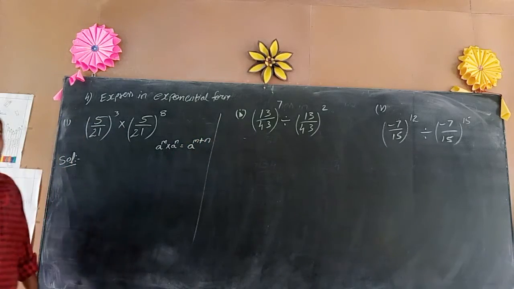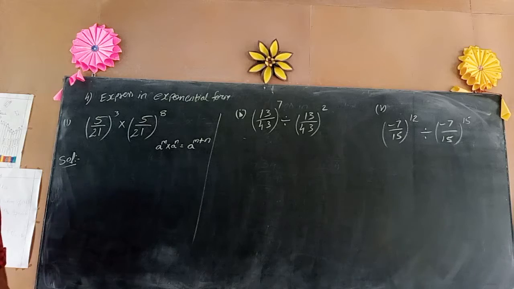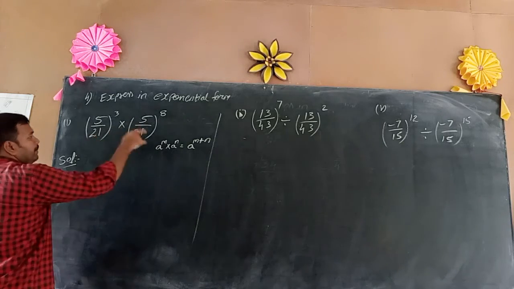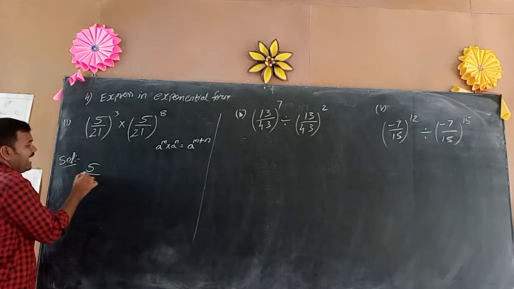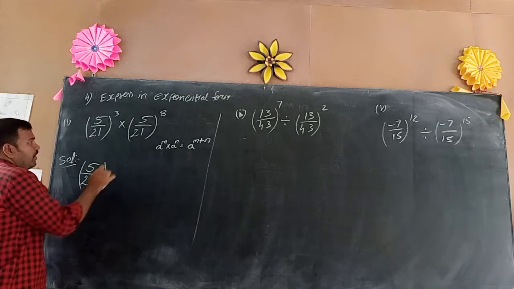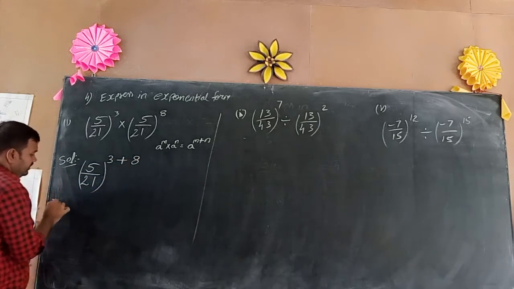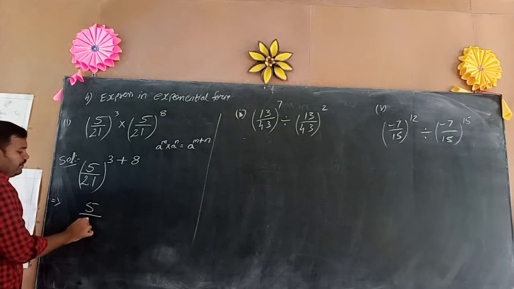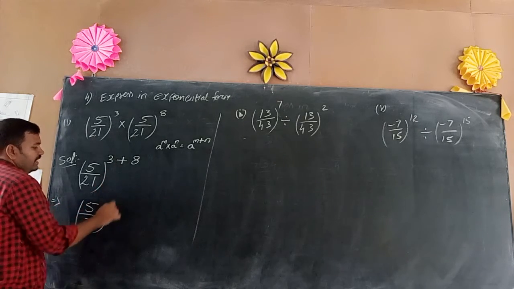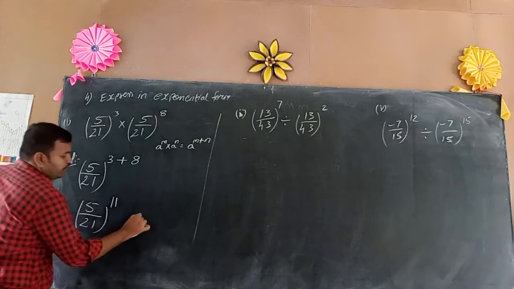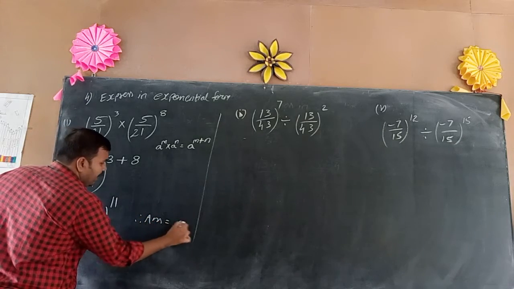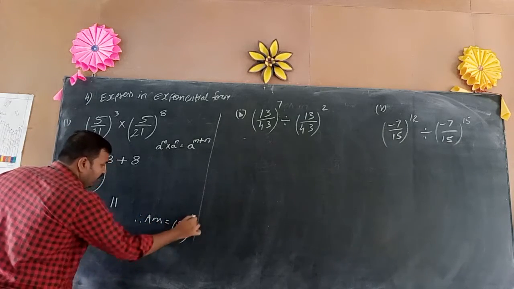When we apply this formula, the bases are same, under multiplication the powers we have to add. So 5 by 21 whole to the power of 3 plus 8, which is 11. Therefore, the answer is 5 by 21 whole to the power of 11.